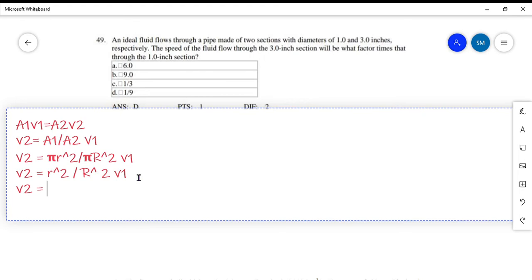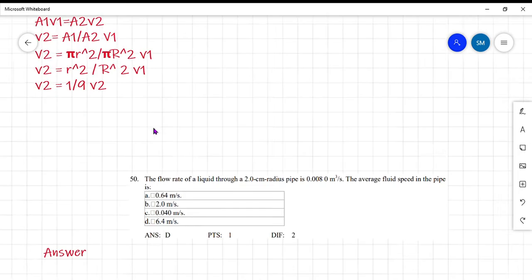The ratio between the squares of the diameters is equal to the ratio between the squares of the radii. So the square of the diameter is 1, 1 square is 1, and 3 square is equal to 9. So the answer will be D. I hope you understand.